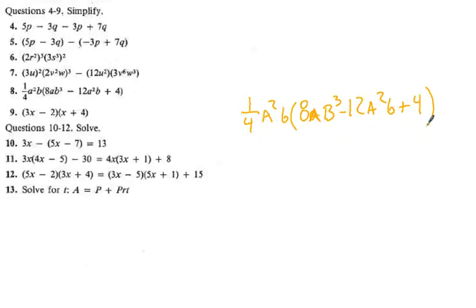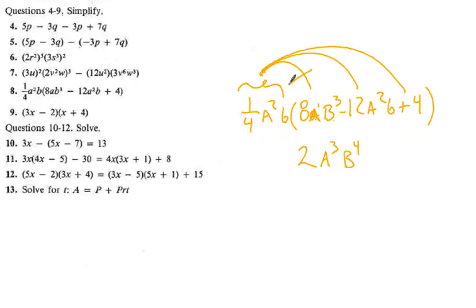All right, so we're going to take this monomial and we're going to distribute it to each piece of this problem. So 1/4 times 8 is going to be equal to 2. A squared times a to the first is going to be a to the third. B times b to the third is going to be b to the fourth.